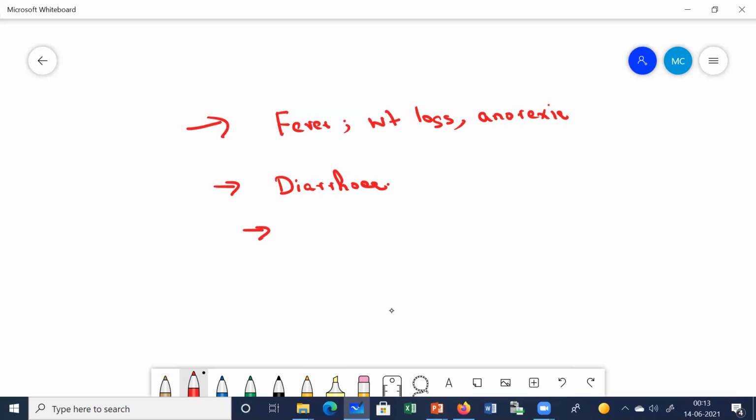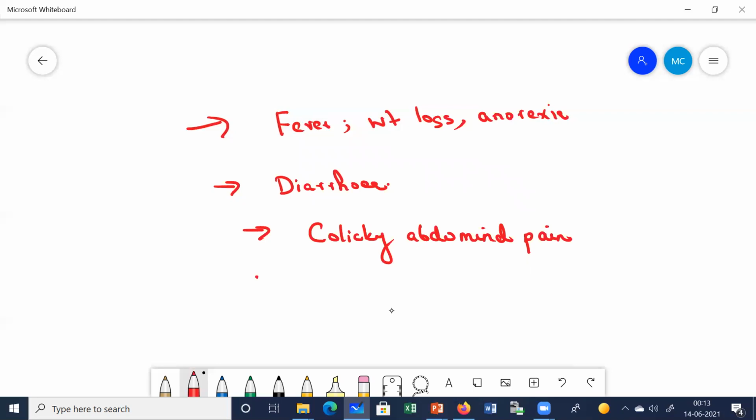Why colicky abdominal pain? Because, as I told you, after the development of ulcers, they often develop luminal strictures, and because of these strictures, colicky abdominal pain can occur. Clear?